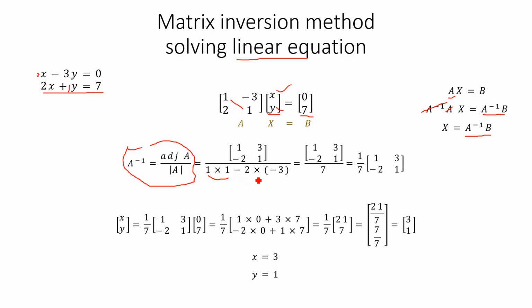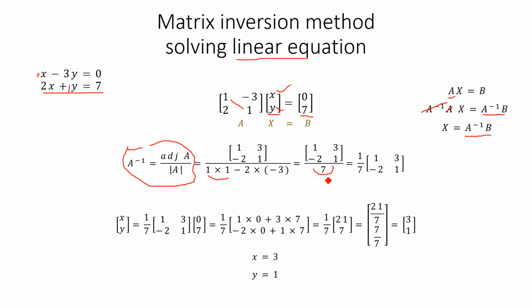Multiplying 3 with 2 we have 6, and this is minus, and this is also minus. Multiplying minus 2 with minus 3 we have plus 6, and we add 1 with 6, so we have 7. Now the determinant of matrix A is equal to 7, and it is not equal to 0, which means the solution is possible.